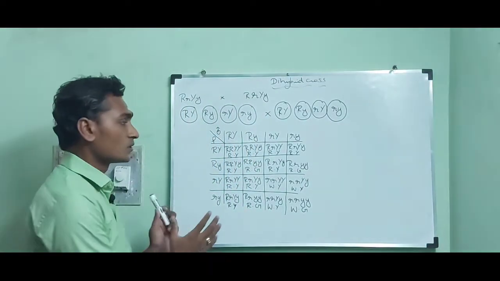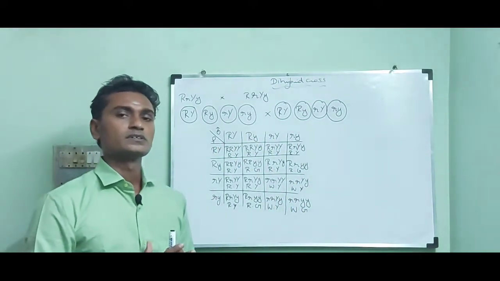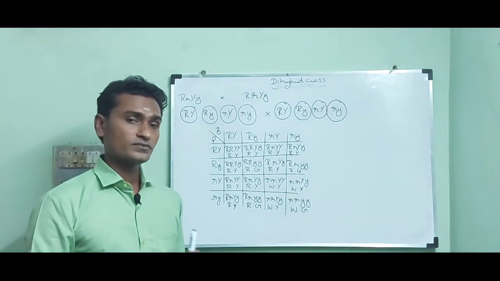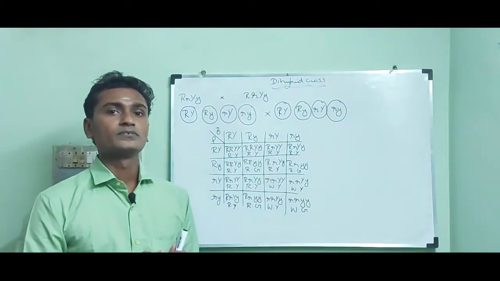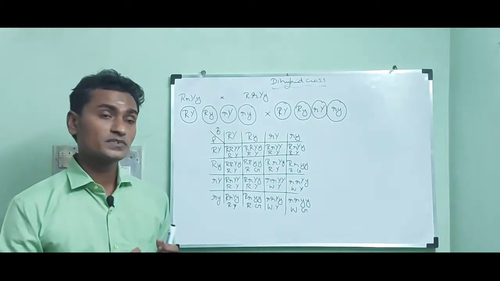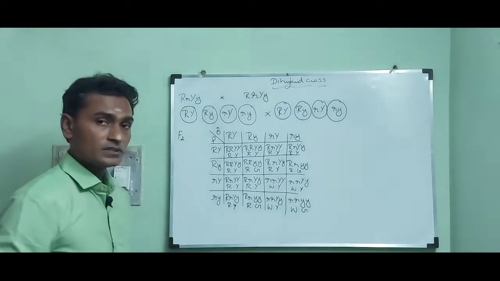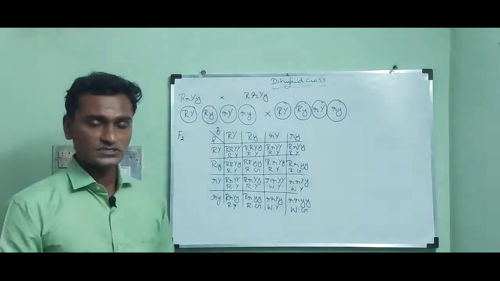So this is how we have to fuse the gametes of two individuals. Before counting the proportion of young ones, I would like to tell you the phenotypes which are formed in the F2 generation.